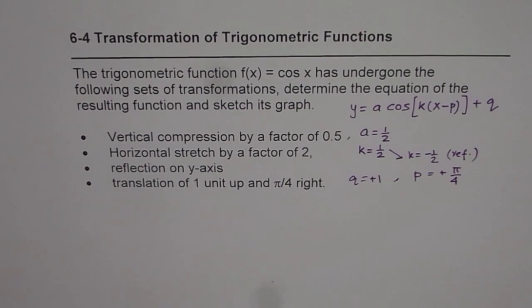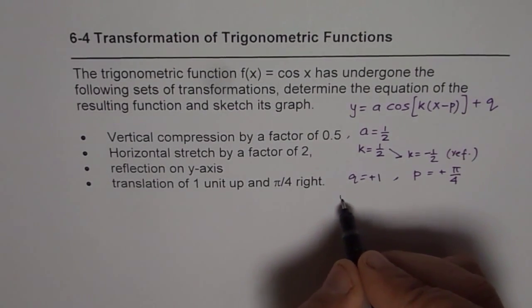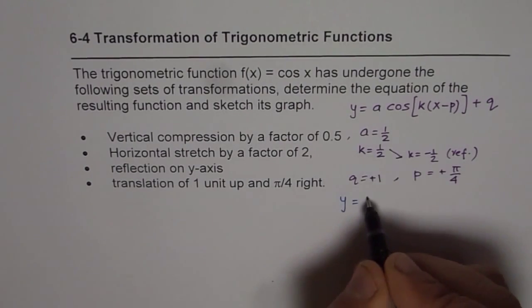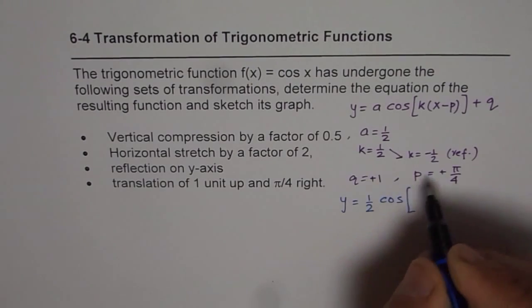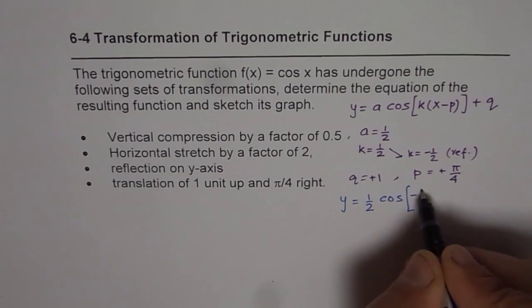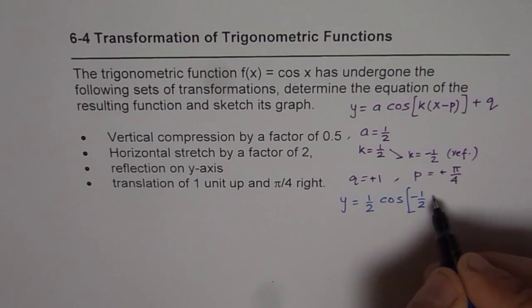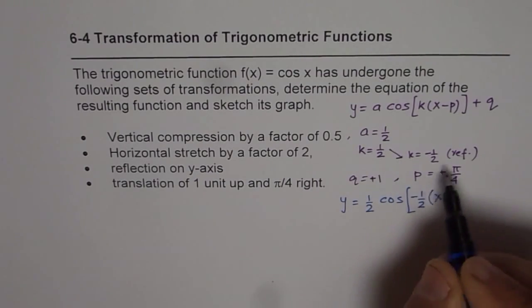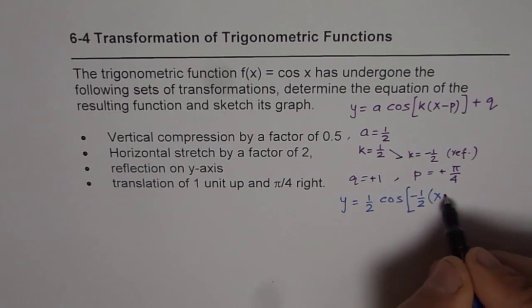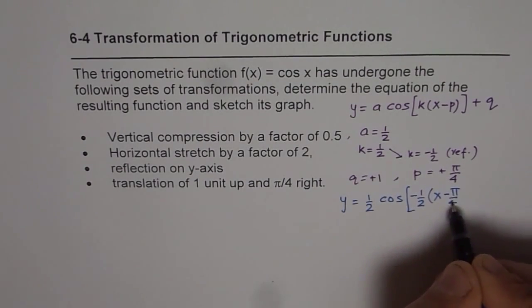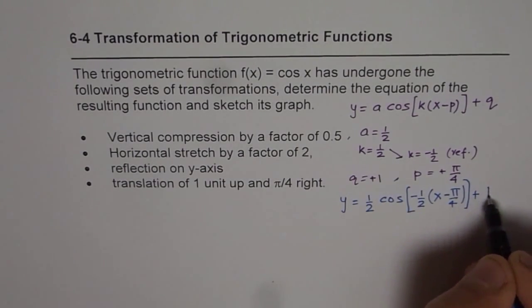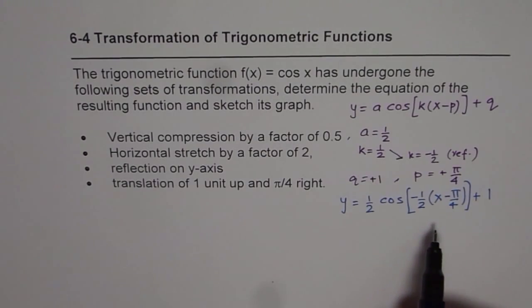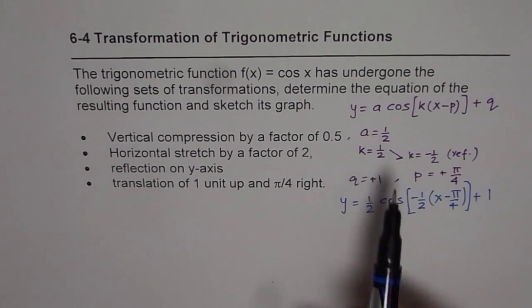So our equation is y equals a is half, cos of k is minus half because of the reflection on y, right? Minus half, x, p value is pi by 4, minus pi by 4. And q is 1, plus 1, correct?